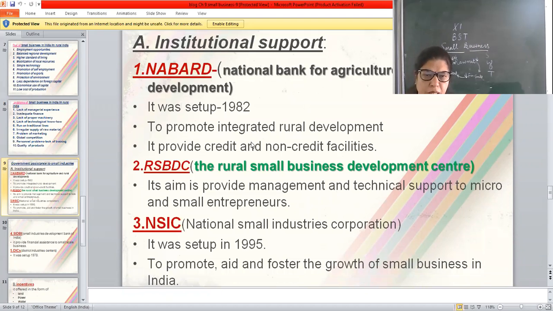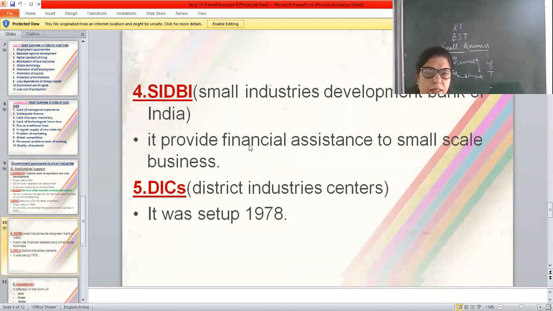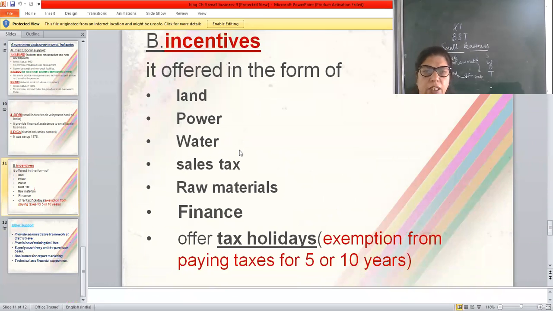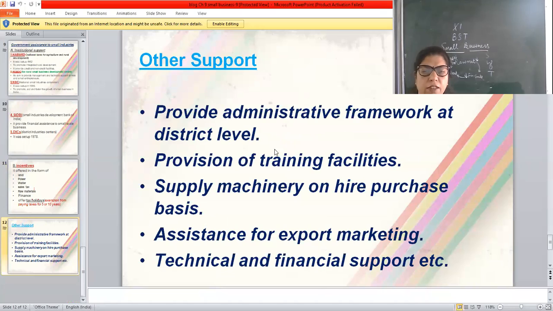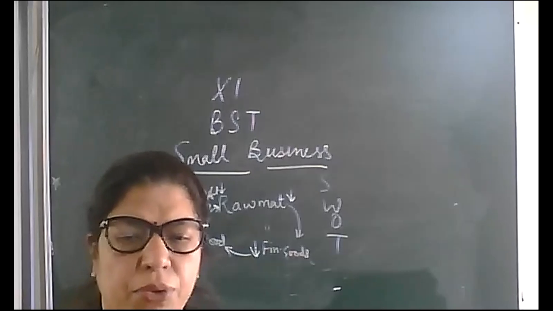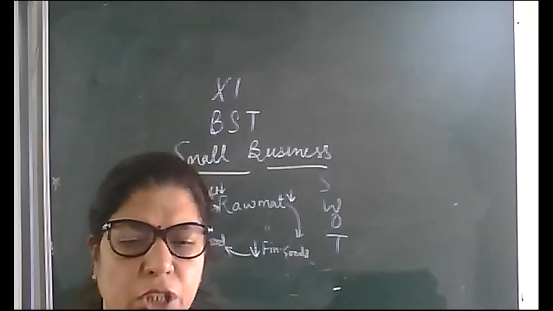NABARD, RSBDC, NSIC, SIDBI, DICs, incentives, tax holidays the government is giving. The government is trying to give them training facilities as well as technical and financial support. So the government is doing it. Now it's our duty also to buy the products manufactured by local small businesses.